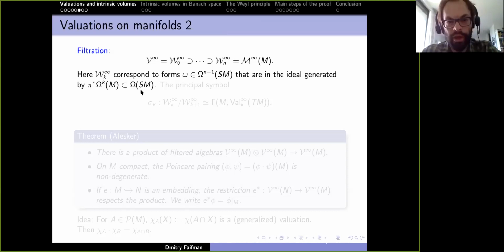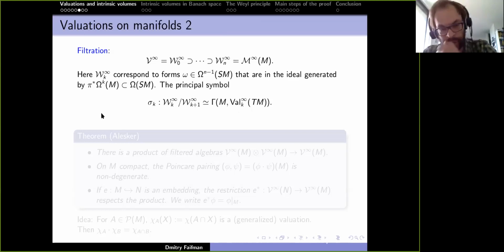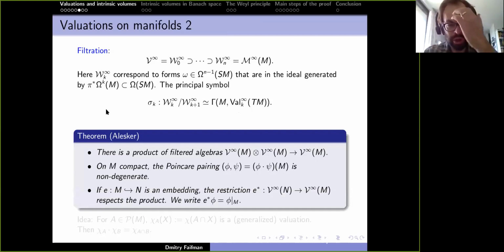And the relationship to homogeneity is the following: the associated graded space is the space of sections of the bundle of k-homogeneous valuations on the tangent spaces. Here again, we have a fundamental product structure due to Alesker. There is a product, it respects the filtration.